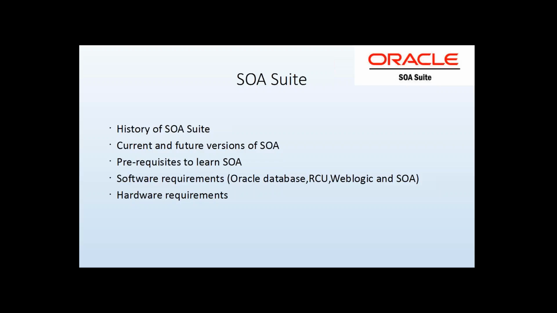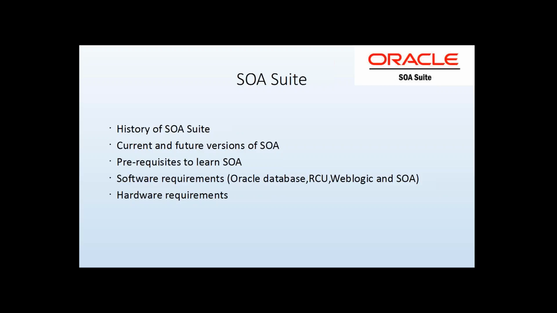And software requirements, as I said, SOA Suite is going to be added as one of the components on WebLogic. So we need to have an Oracle database. Why do we need an Oracle database? If you look at WebLogic, even WebLogic needs a database, but the only difference is it needs a lightweight database and a very small amount of data is going to be stored.